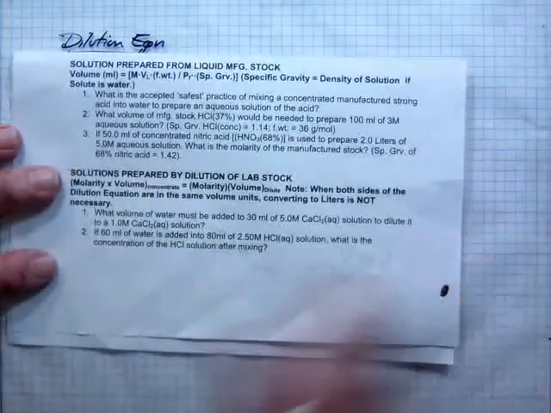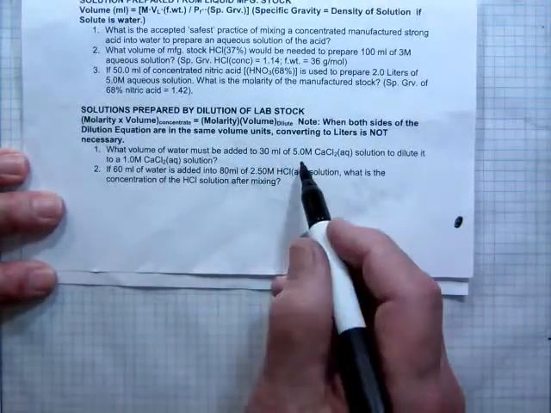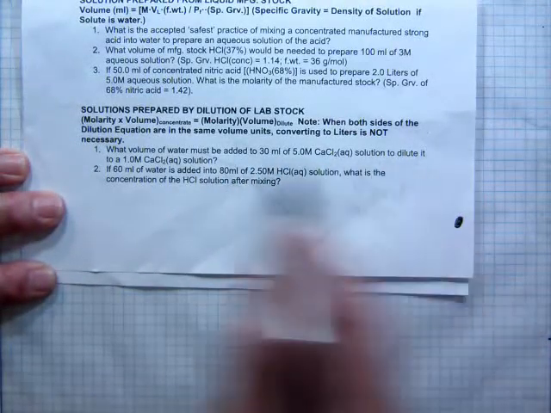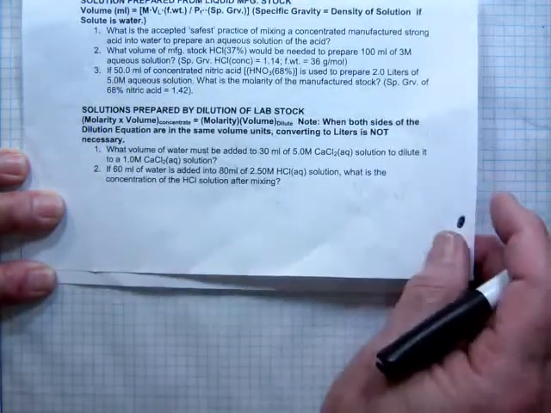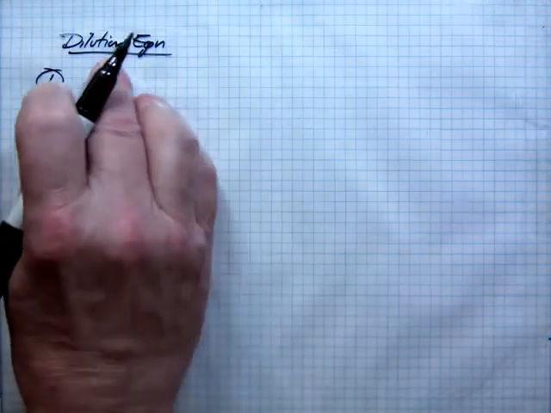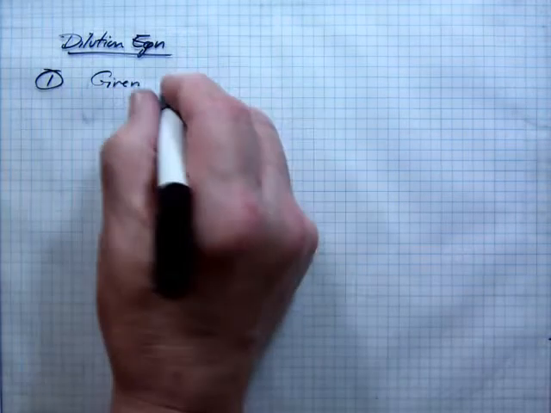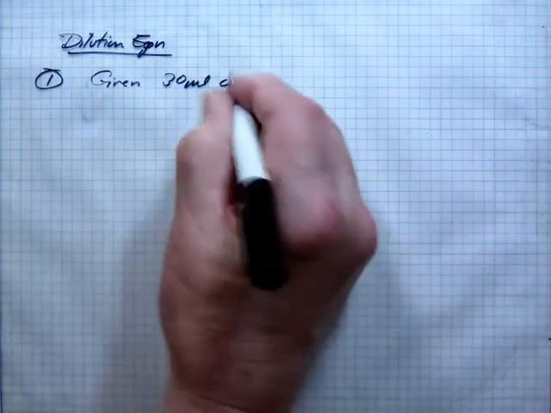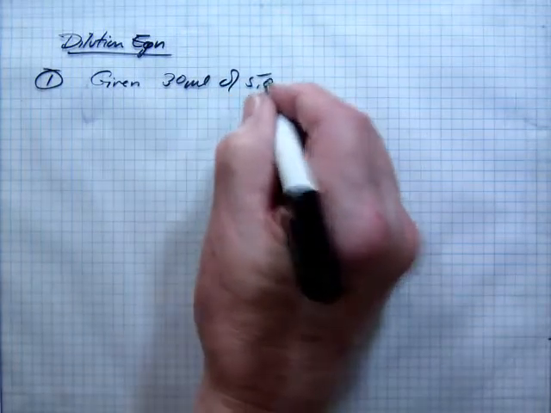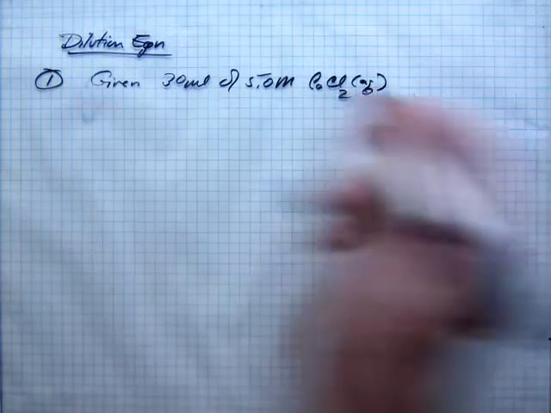the dilution equation problems. We've got one here. It says, what volume of water must be added to the 30 milliliters of 5 molar calcium chloride to dilute it to a 1 molar calcium chloride solution? So you've got molarity. Let's get the given down first. Your given concentrate is 30 milliliters of a 5.0 molar calcium chloride aqueous solution.